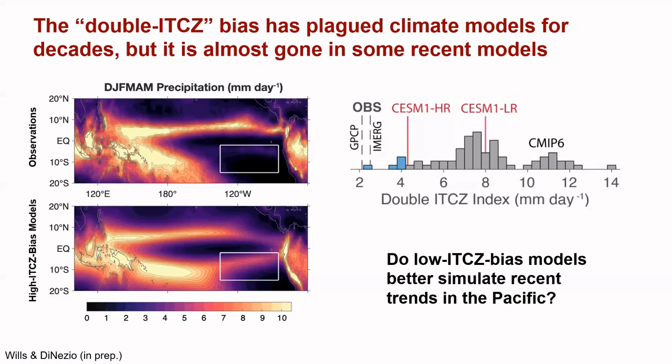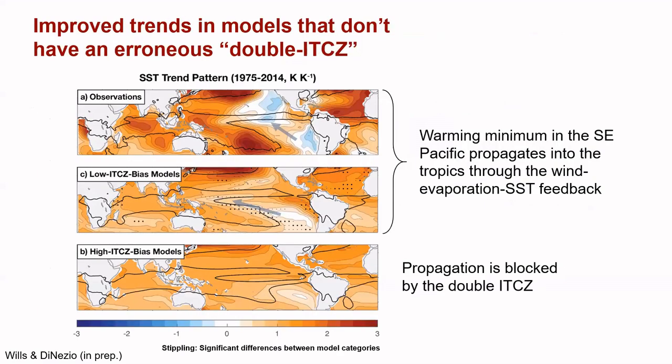So do they then show the same mechanism, that these low ITCZ bias models can better simulate recent trends in the Pacific? And I'm going to show that they do. So here first is one aspect of this result, which is that the long-term trends, so this is looking at 1975 to 2014 to stick in the historical simulations, show the low ITCZ bias model shown in the middle show a pattern that is robustly more like the observations than the high ITCZ bias models.